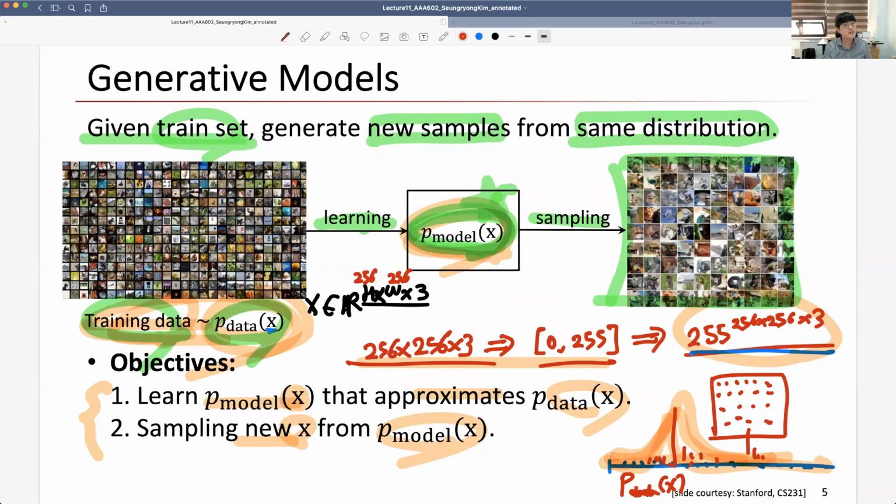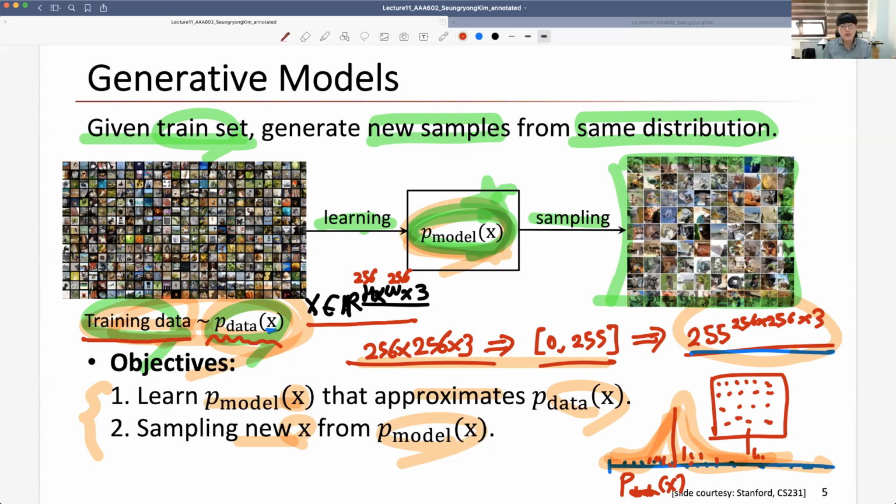Okay, so in this lecture, we are interested in the image generation task. Given a training set, we want to generate a new sample from the same distribution, I mean the real data distribution. We have so many training data that follow the real data distribution. If you think about an image whose size is 256 by 256 by 3, then one sample is defined here.